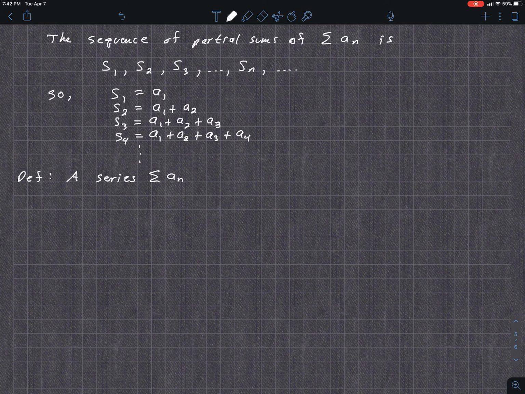So a series A sub n converges if and only if the sequence of partial sums converges.